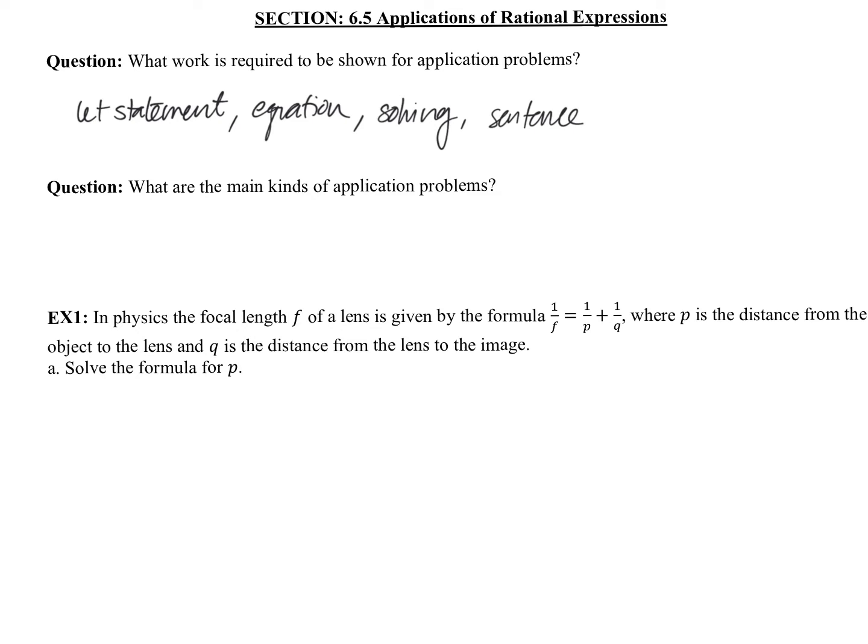And then what are the main kinds of application problems? Well, we have work problems, then we have motion problems. These are the ones where you usually see miles per hour, and the work ones are usually talking about work. And then after that, we have mixture problems. This is usually when you are mixing items.